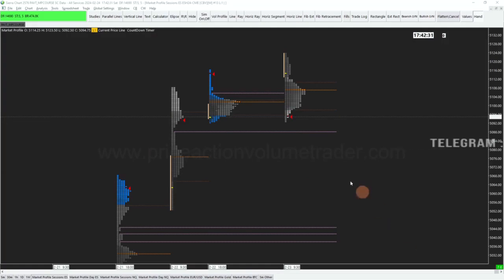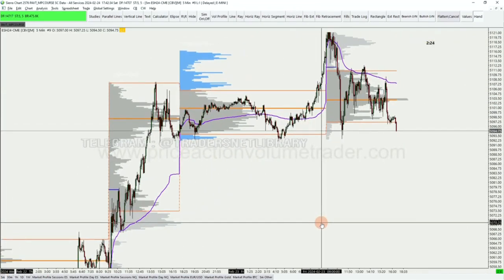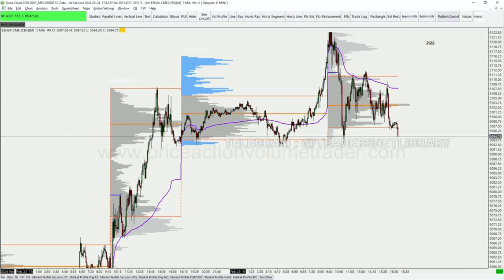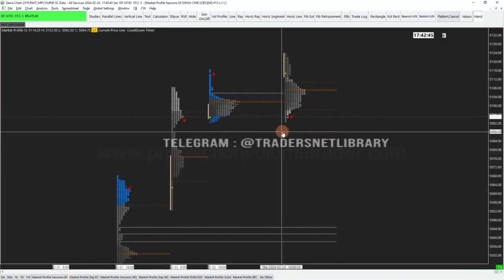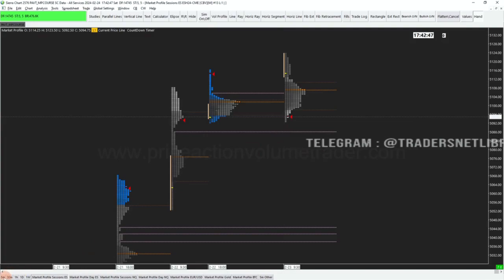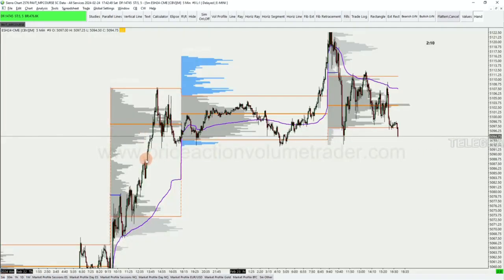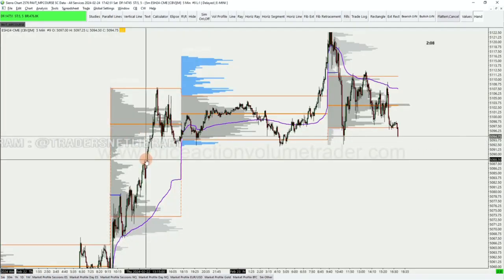So if we go into an intraday chart, right over here, we can see that that single would correspond to 5,088, which would be right over here.